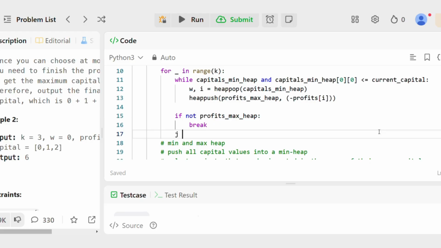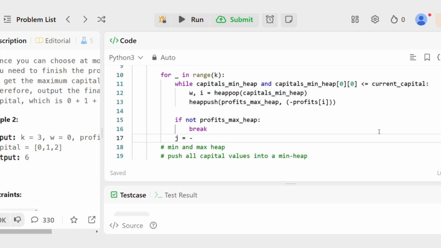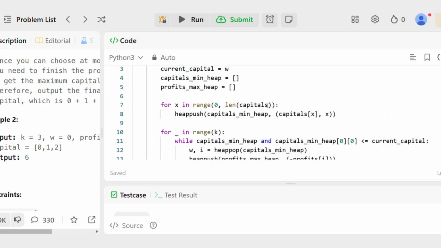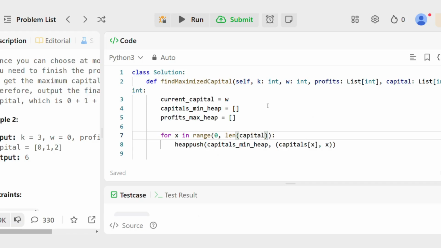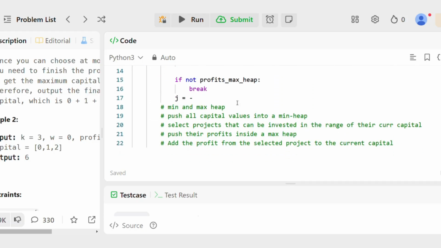Then J is equal to, sorry, I want to make sure I'm getting everything right. Not capitals, it's capital. Okay. Minus heap pop profits heap.